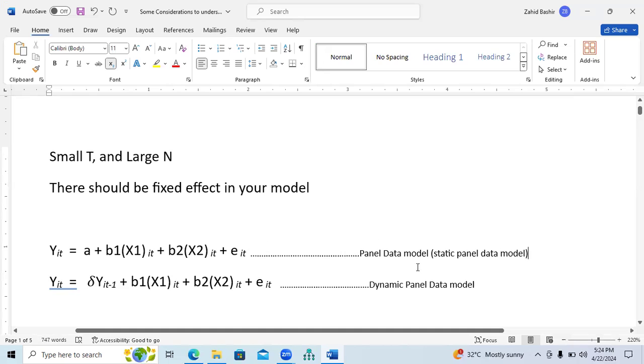In a static panel data model, there is a simple model with subscript IT. While in case of a dynamic panel data model, your dependent variable is simply influenced by its own previous value, while considering the other variables as well. So this becomes the dynamic panel data model.